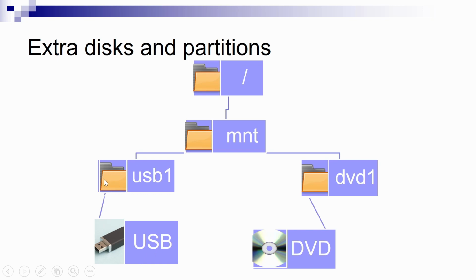So if you would like to access setup.exe on the USB device, you would tell it that you want to access /mnt/usb1/setup, and that's it. As compared to Windows, where you would say I want to access g:/setup.exe.